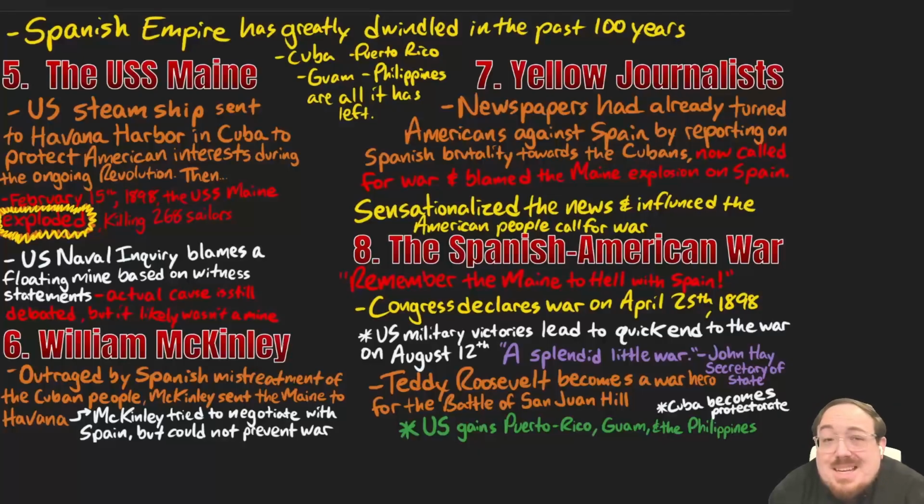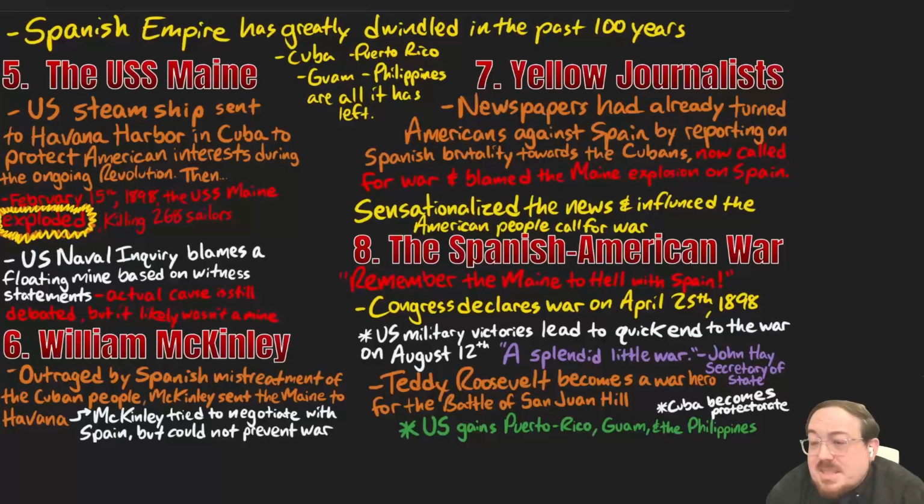And so we call them yellow journalists because while, yes, the Maine did explode and yes, it was in Havana Harbor, it actually had nothing to do with the Spanish. And yes, the Spanish were being quite brutal at the time, but it's not anything different than what we were doing to Native Americans at the time. And they, again, were trying to push an agenda onto the American people by changing what information they had.